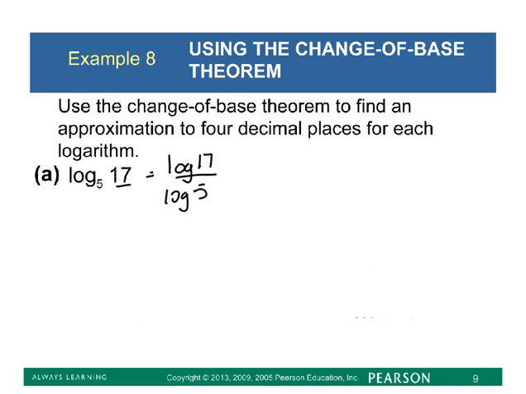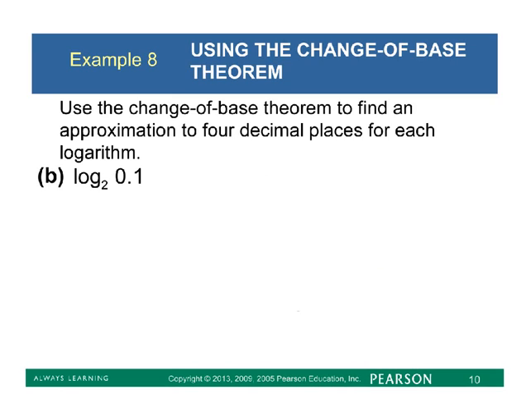So take this number, place it in here first, and then this number is next. So log 17 over log 5, that ends up giving us the approximation. It's approximately 1.7603. And we're done with that one.